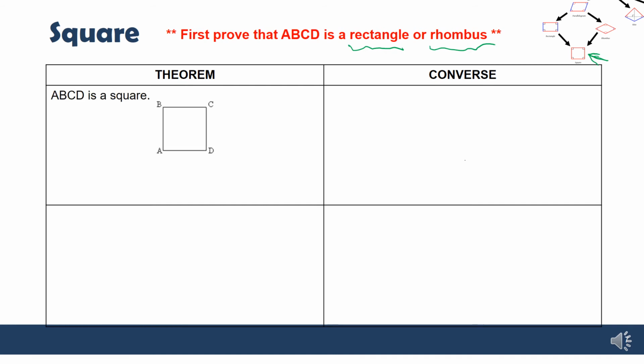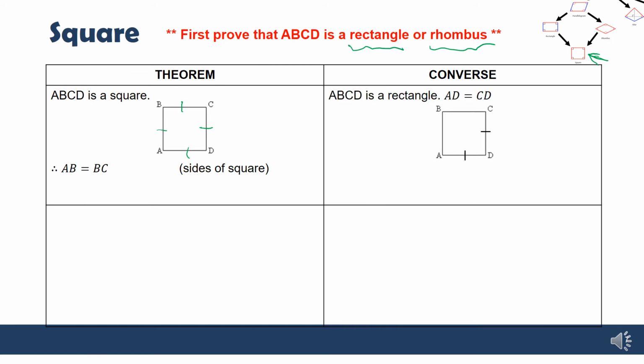The first property of a square that we know is that all the sides are equal. So we could conclude that any of these sides are equal to each other, sides of a square. But now working backwards, let's say that we know that ABCD is a rectangle. Well, then you know that the interior angles are 90.